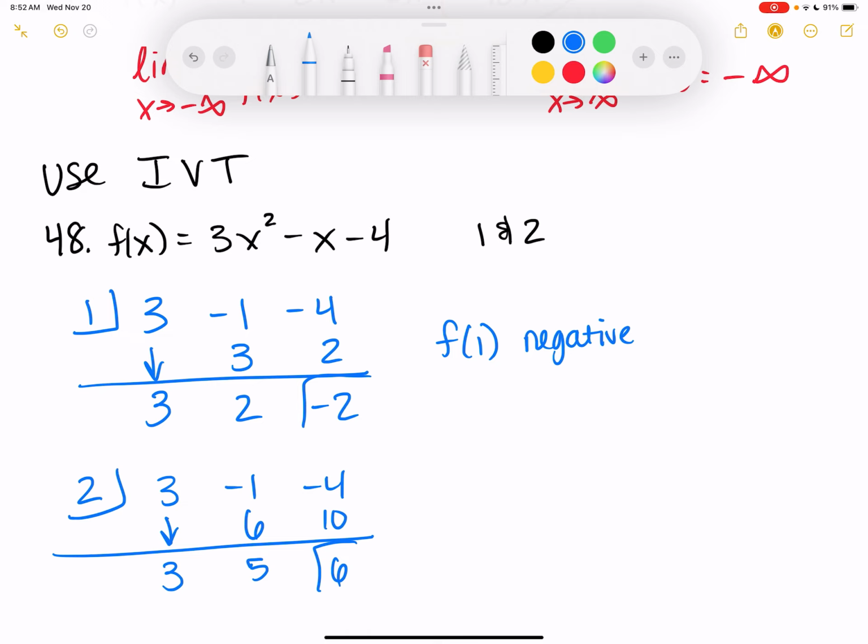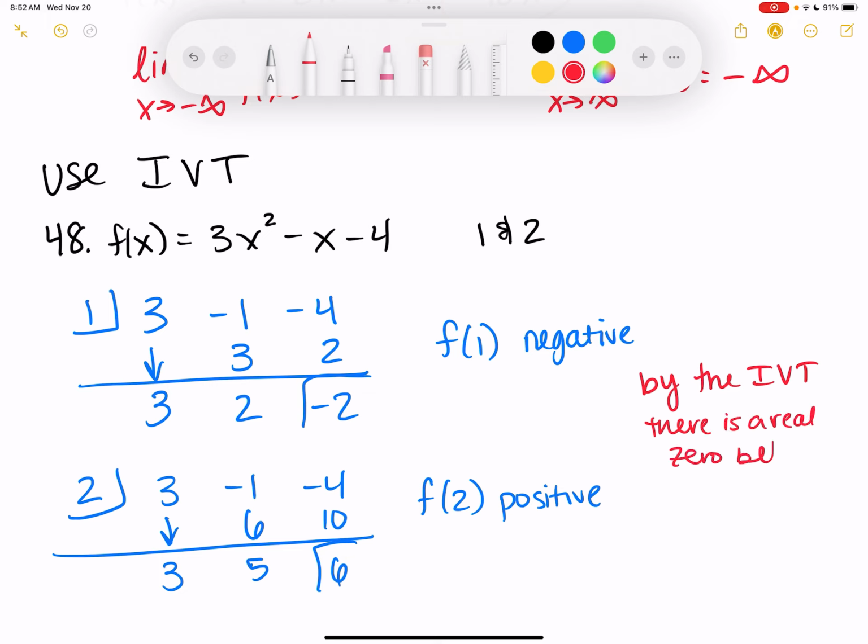So notice this one is positive, that one was negative, so f of 2 is positive. So by the intermediate value theorem, so I would just say by IVT, there is a real zero between 1 and 2.